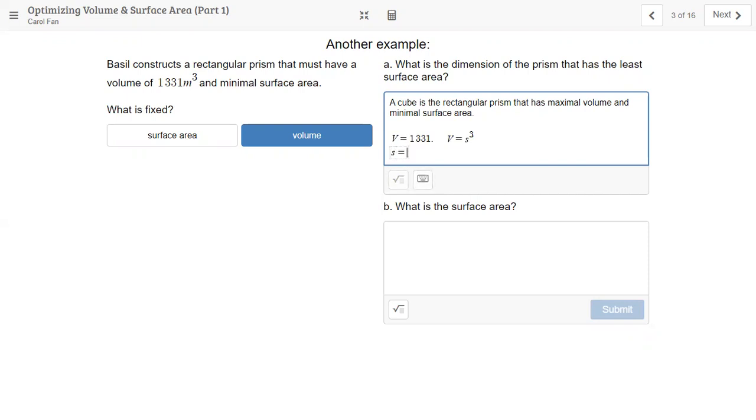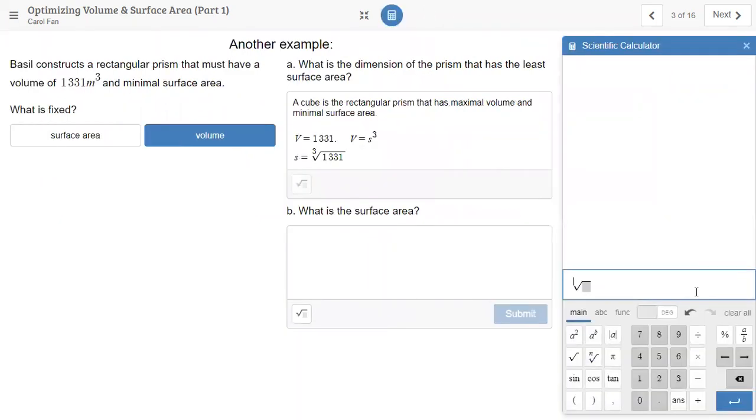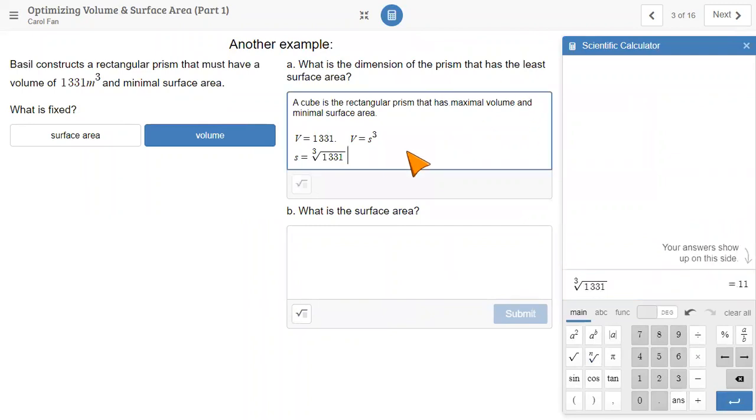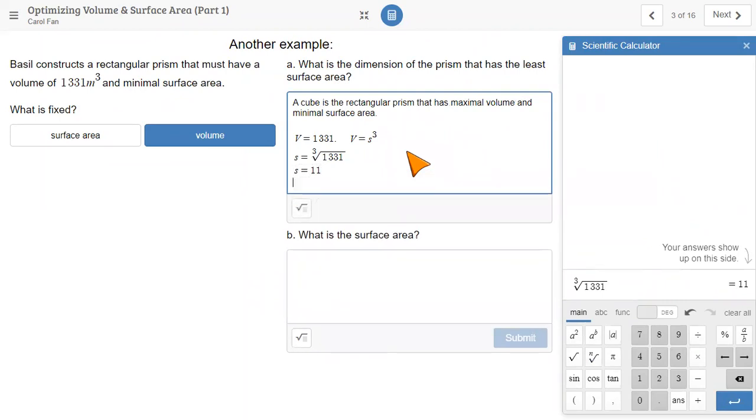So for us to find the side, we're going to take the third root of 1331. And then we get s is equal to 11. So this prism is going to be a cube with a side length of 11.